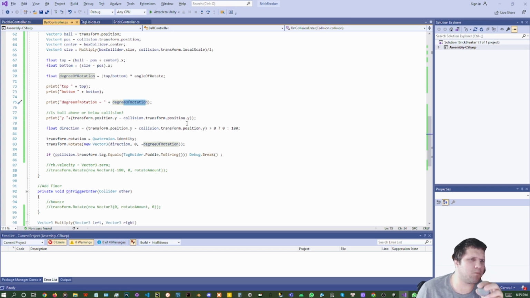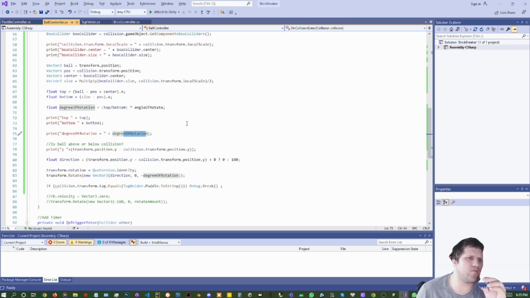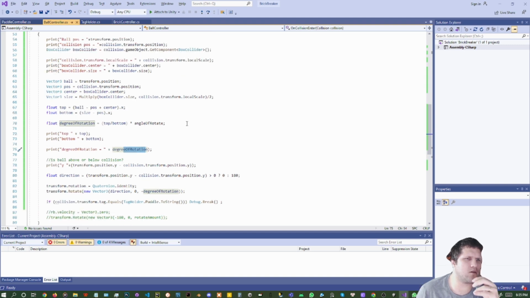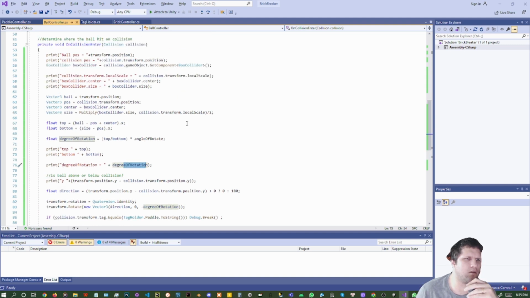So the ball minus the position plus the center. This is all from our collision object.